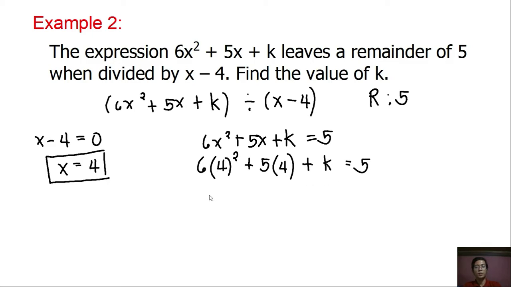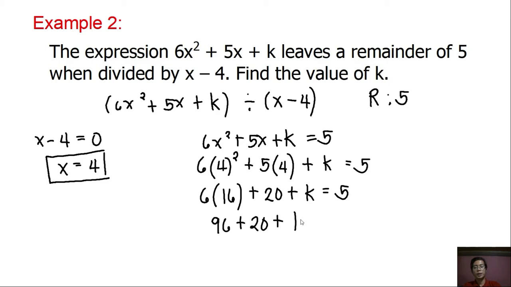So, 4 squared is equal to 16 plus 5 times 4 is equal to 20 plus k is equal to 5. 16 times 6, that is equal to 96 plus 20 plus k is equal to 5. So 96 plus 20 is equal to 116 plus k is equal to 5.